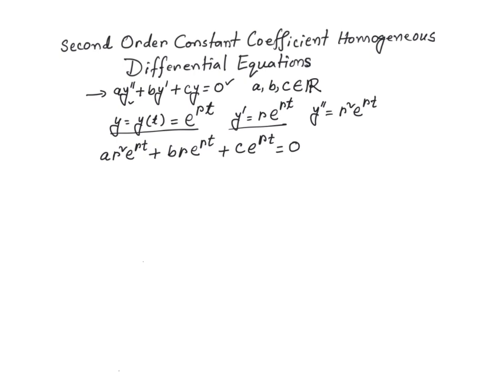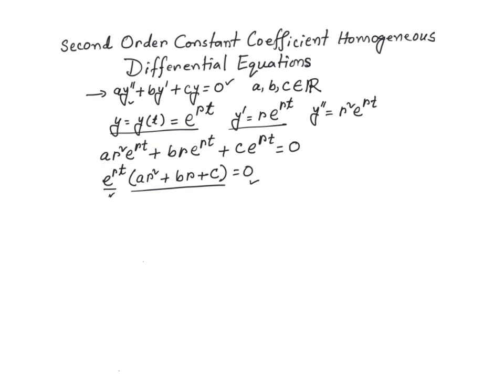Now, I can factor out e to the power rt. That gives me e to the power rt times a r squared plus b times r plus c is equal to 0. If you look at this equation, you notice that the product of two things is equal to 0.